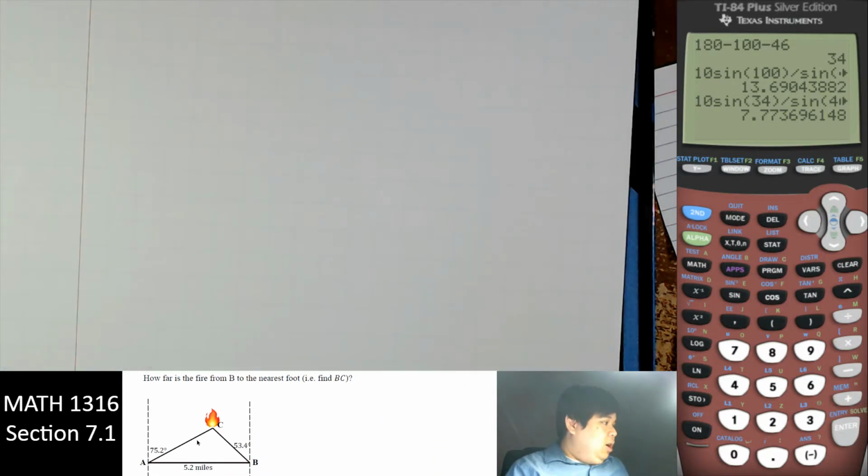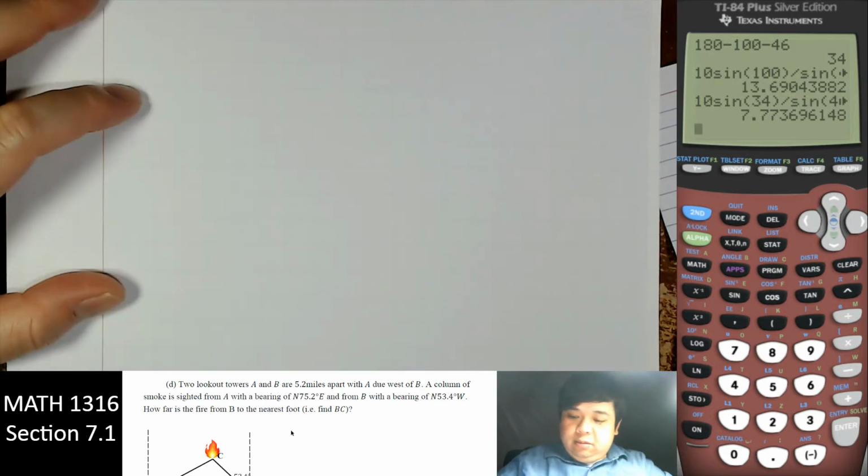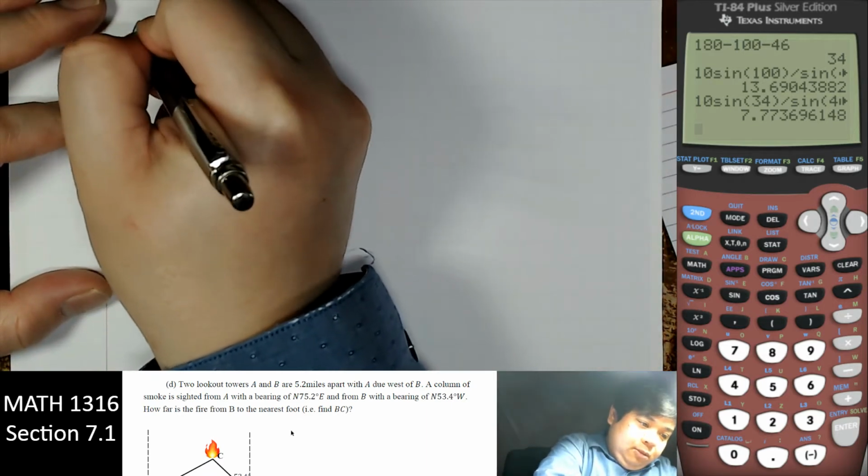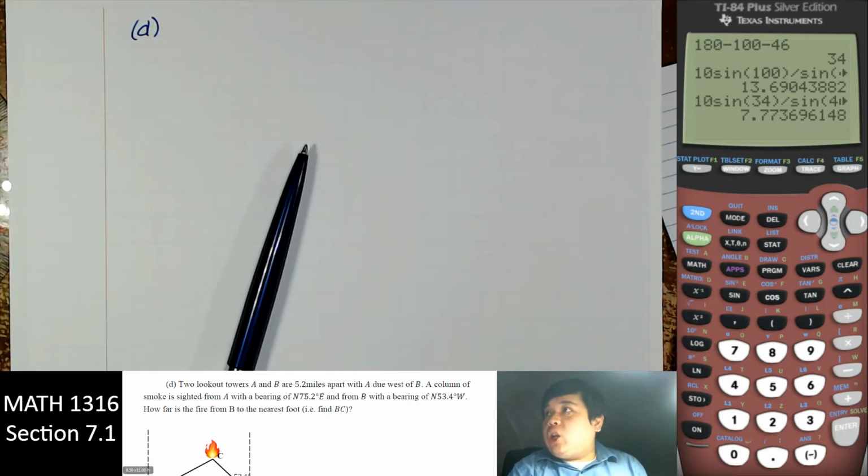Right, so we have a word problem here. We have two lookout towers A and B, 5.2 miles apart, with A due west of B. A column of smoke is sighted from A with a given bearing, and from B another bearing.